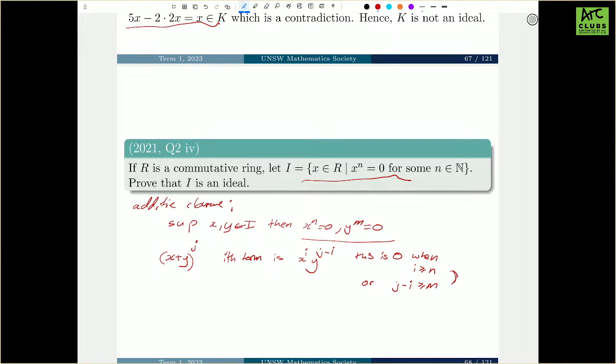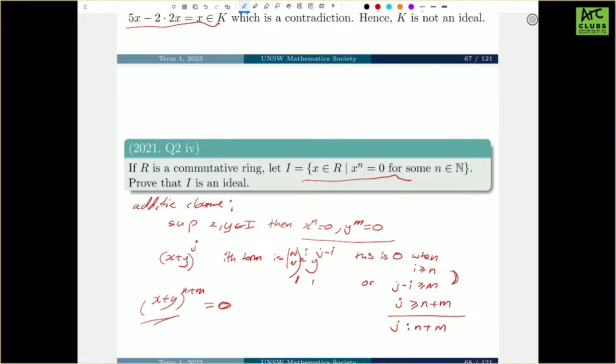Well, I can combine these two properties just by summing the two inequalities and get that j has to be greater than n plus m. So let's just set j to n plus m. Then we see that (x plus y) to the n plus m equals 0. Because either the x term or the y term in each of the expansions of this, oh, I forgot the binomial coefficient, but it's something like this.